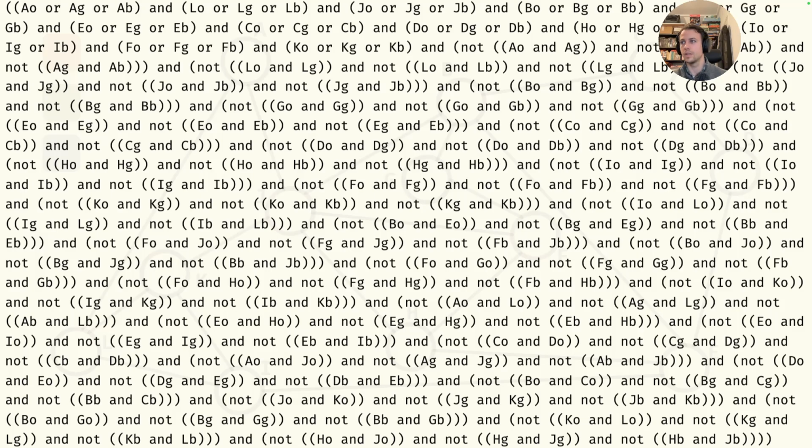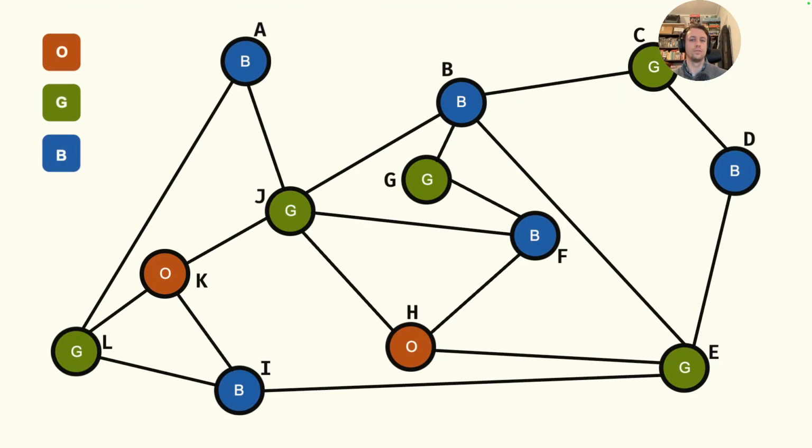You pass this to a SAT solver, and you let the SAT solver do its magic, and it either says there is an assignment or there isn't. And in this case, it does give you a valid assignment. Something like this would work. So the folks who guessed yes were correct.